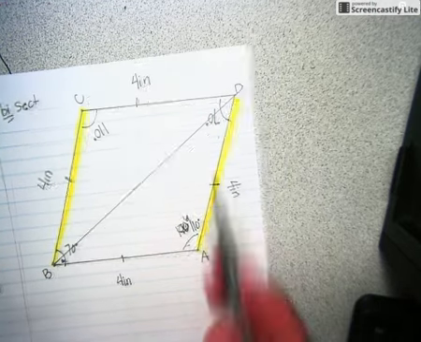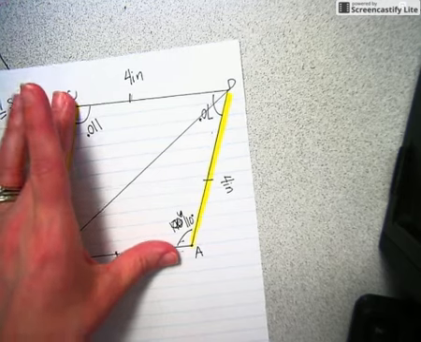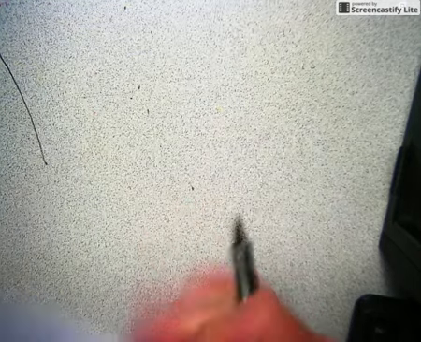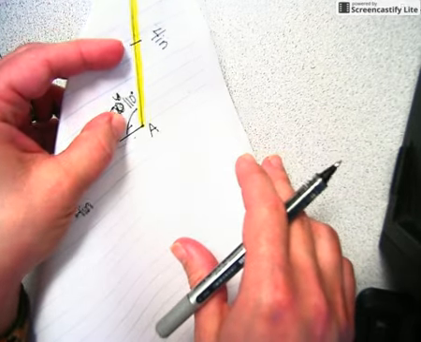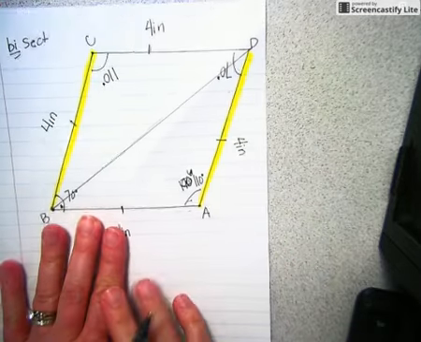So here I've bisected the angle. Now if I cut this out and I fold it on that bisected line, it cuts my shape directly in half. And you would see that those line up on that line, okay?